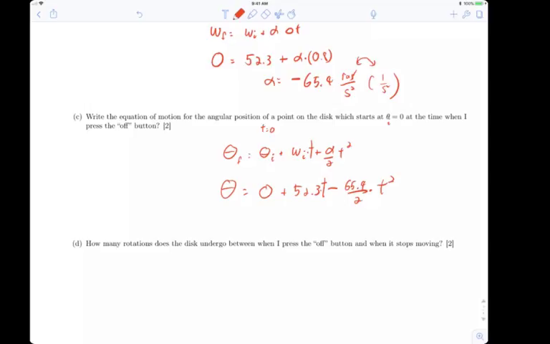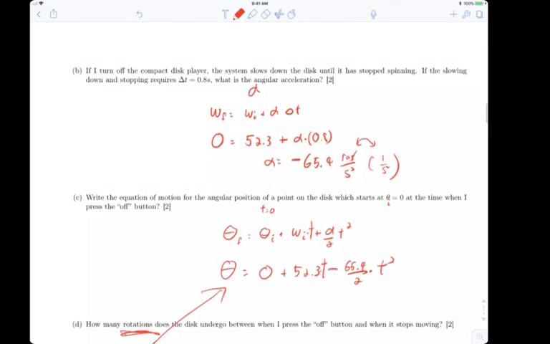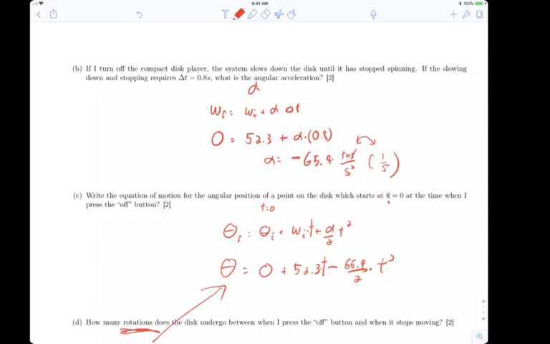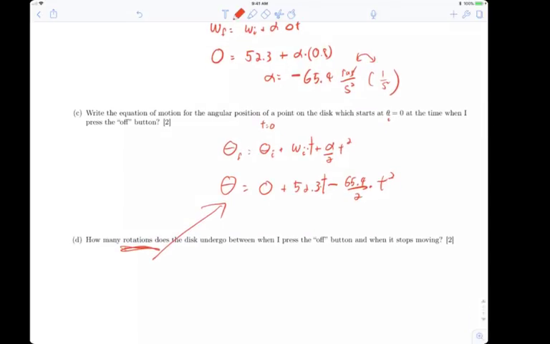Okay, how many rotations does it undergo? This is an interesting bit because we're not asking for what the final angle is, but that's part of the question. So how long did it take to slow down to a stop? It takes t final is 0.8 seconds.